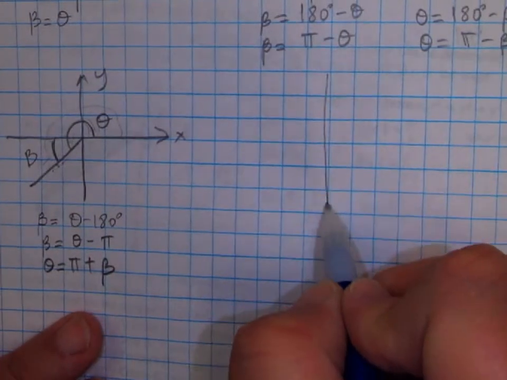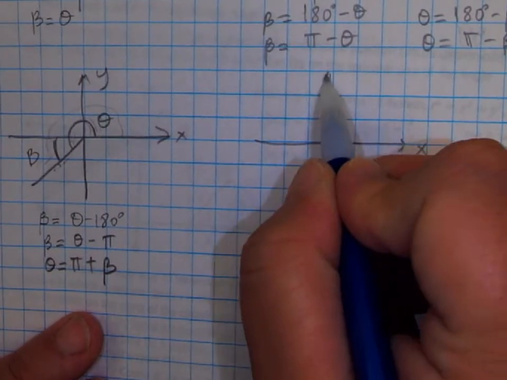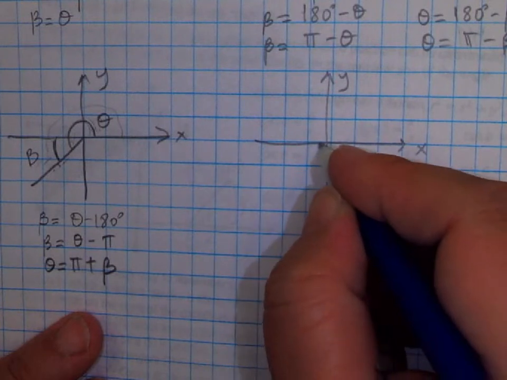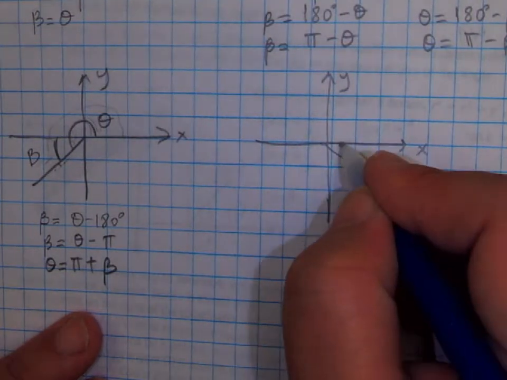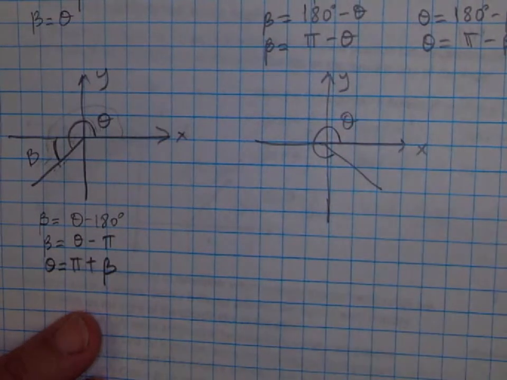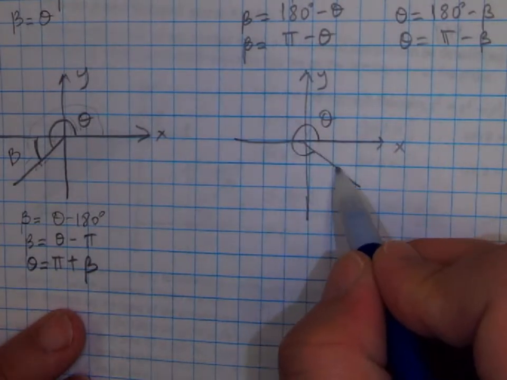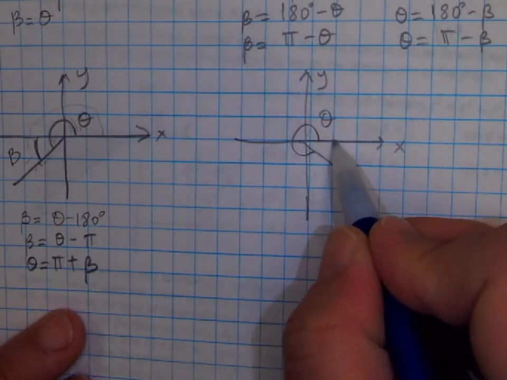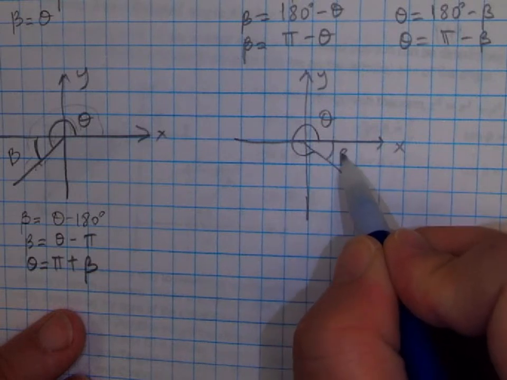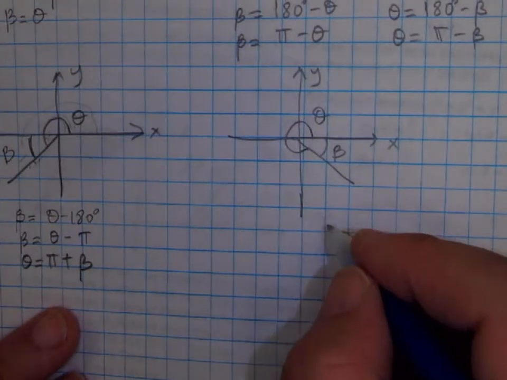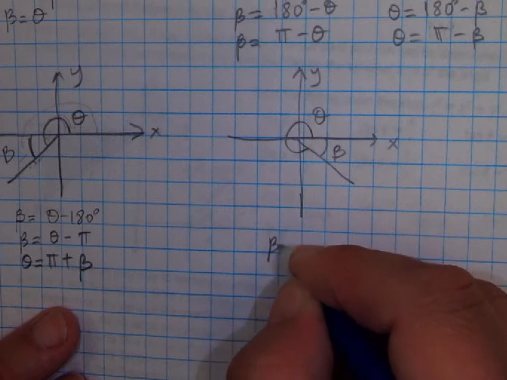And if you are in the fourth quadrant, that is your terminal arm, that's your theta. Then beta is again the angle between the terminal arm and the closest x-axis, so it is here. What would you say about beta?